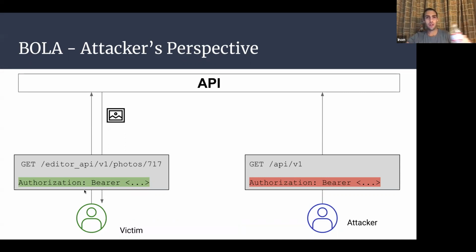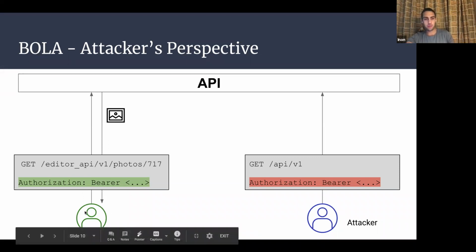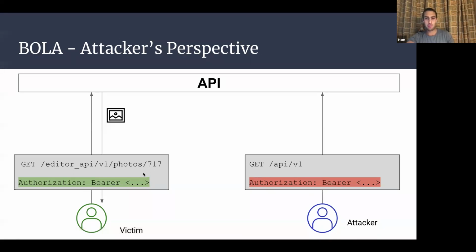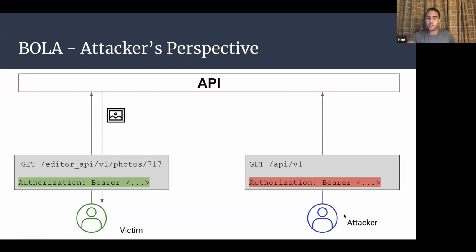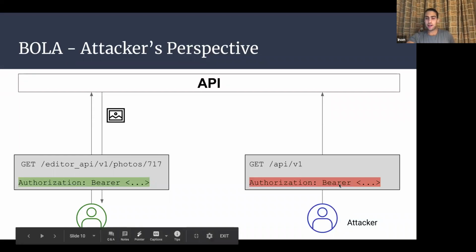So what you do is to create two different users in the app. Then you go to the victim user and you access a photo that belongs to you, and other people shouldn't have access to it. And then you create a different user to simulate the attacker. And you take a look at the API traffic and you copy the session label.